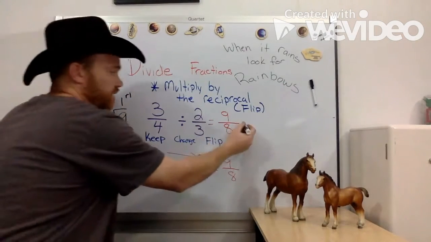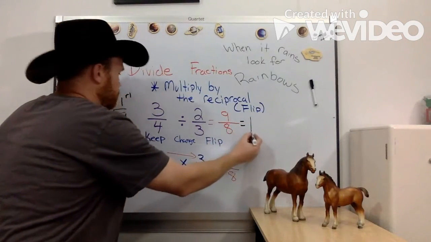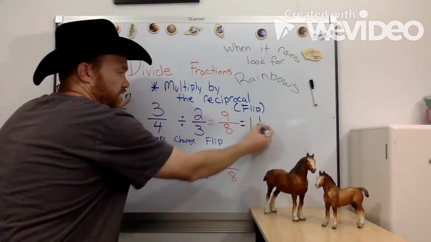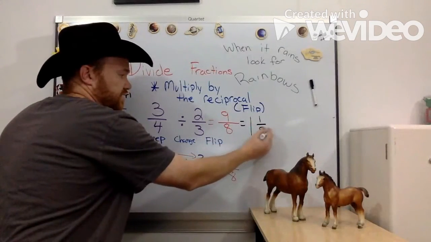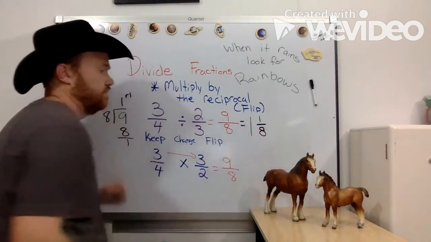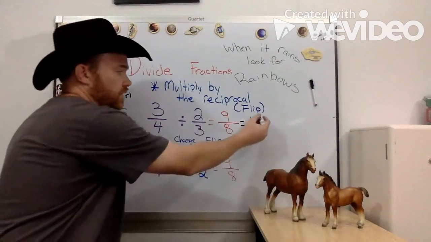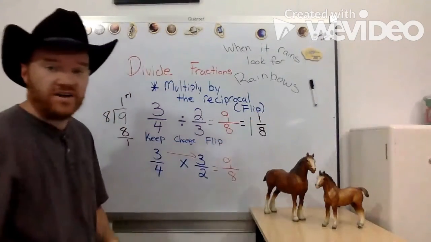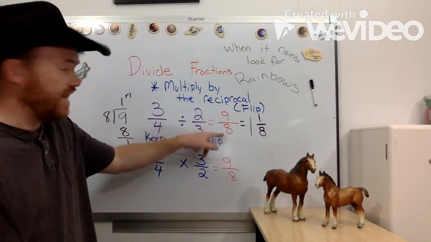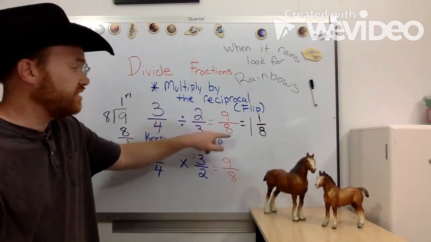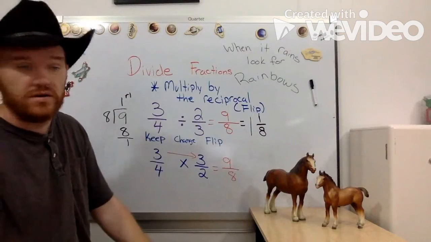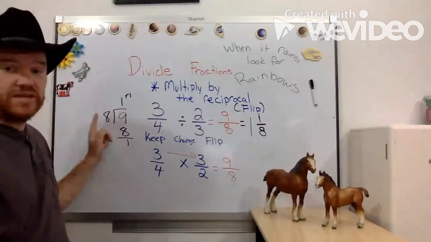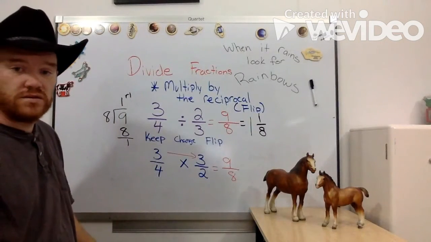So this is my whole number. My numerator is the remainder and my denominator stays the same, 8. So I end up with 1 1/8 as my final answer. 9/8 does the trick, but really to completely finalize that, I have to turn it into a mixed number. We just divide numerator by denominator that way.